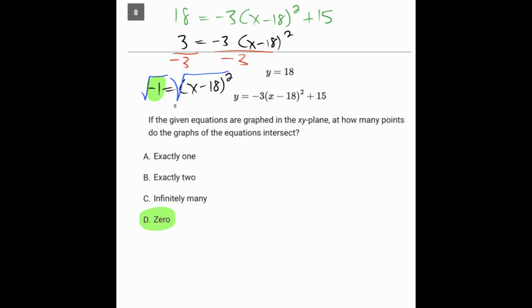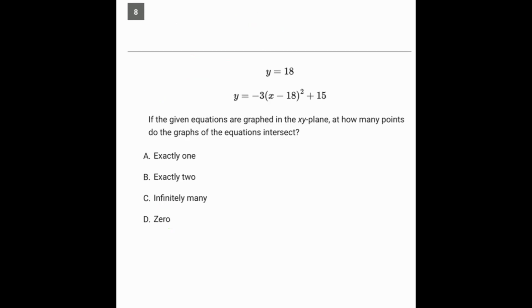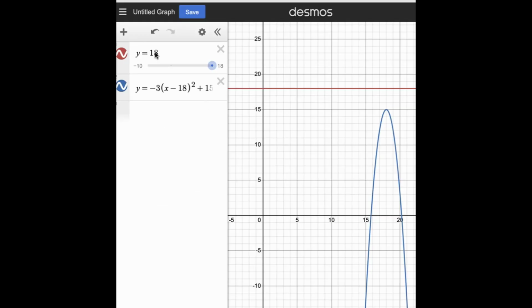So that's method 2. Now method 3 would involve using the Desmos graphing calculator. You do have access to the Desmos graphing calculator for the digital SAT, but we recommend also bringing in a graphing calculator like a TI-84. There are certain situations where your own calculator is better and some where Desmos is better. Here, we graphed both equations in Desmos, and it's a little hard to see, but this is the y-axis, this is the x-axis.